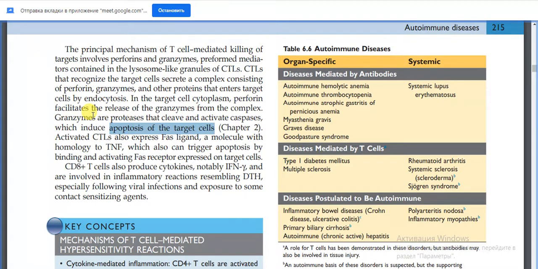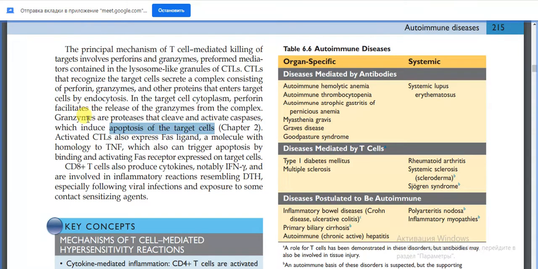Activated CTLs also express Fas ligand, a molecule with homology to TNF, tumor necrosis factor. It also triggers apoptosis because we have TNF receptors on every cell, and we have Fas receptor expressed on target cells, and that's why we have apoptosis as a response of cytotoxic T cells.